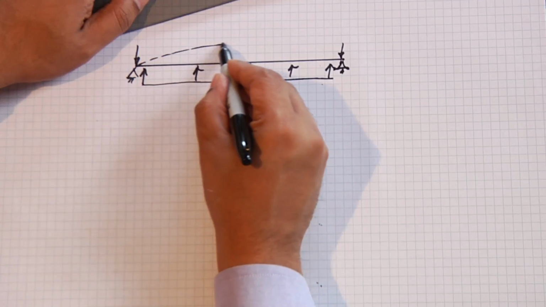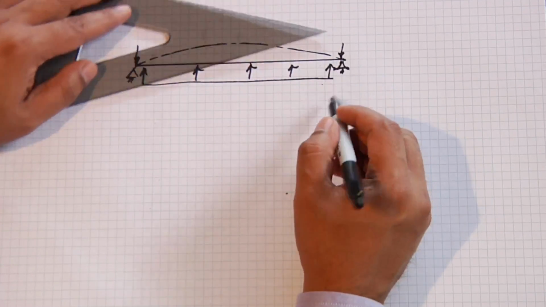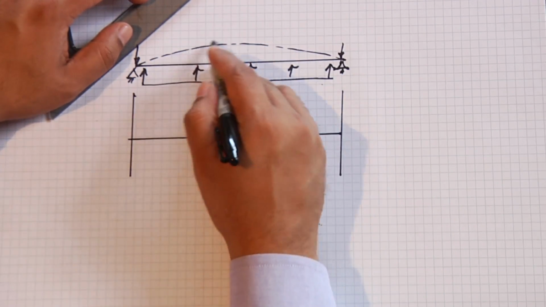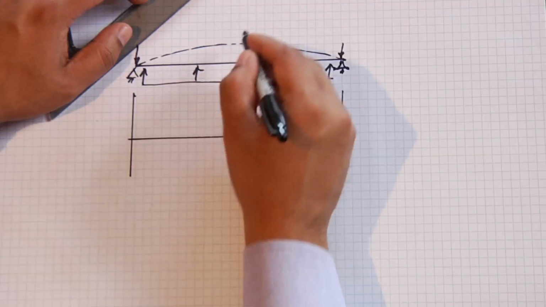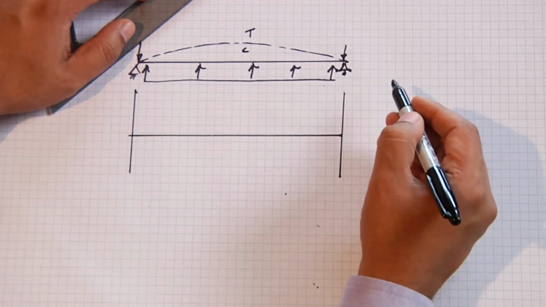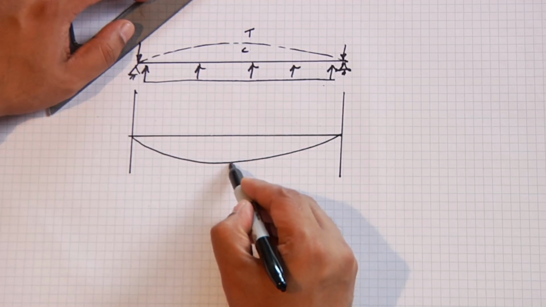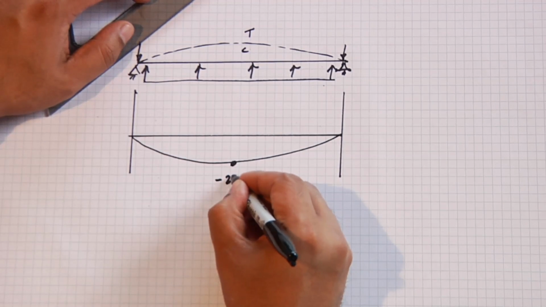Then my elastic curve would look like this. My moment diagram would be negative because here my elastic curve is the opposite direction, where I have tension on the top, compression on the bottom. And so my moment diagram would go like this. And this would be minus 250.